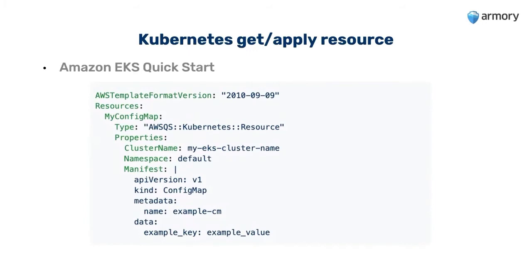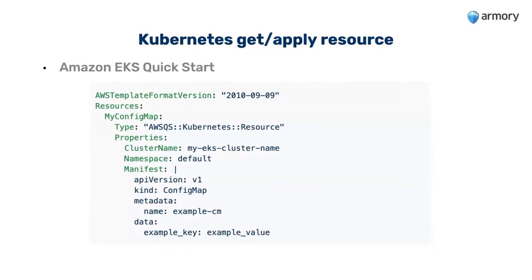We have a manifest definition, and in this manifest definition, we're defining a config map. And so this is something that we use heavily in our quick start. We use the Amazon AWS QS Kubernetes resource, which provisions Kubernetes resources into an EKS cluster, and you define it in your CloudFormation.